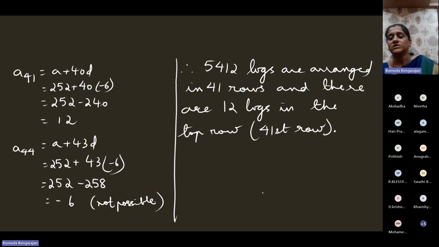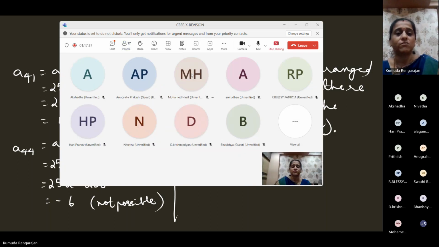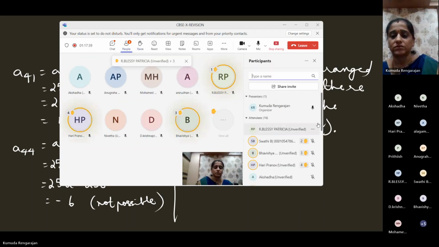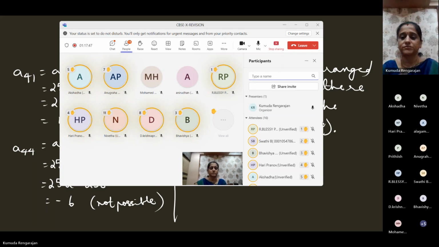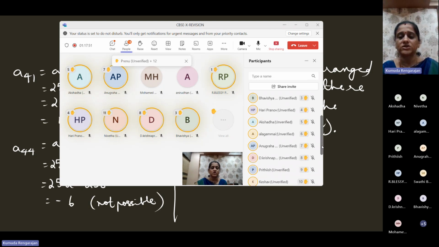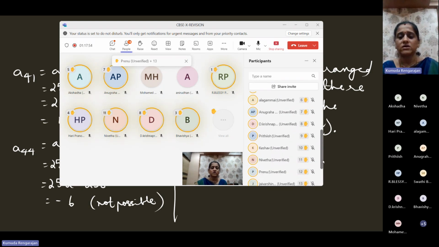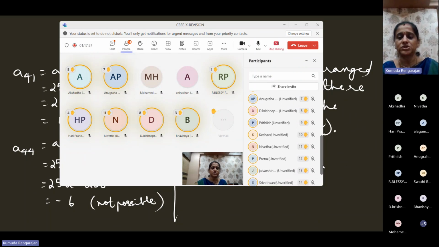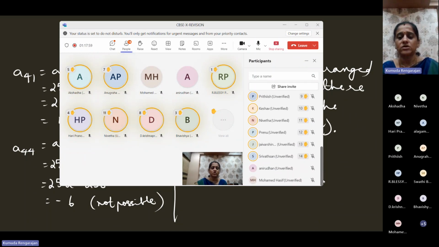Is it clear, children? Use the emoji, raise your hand. Okay, so Blessy, Swati, Bhavashya, Hari Pranav, Akshada, Aragamai, Anugraha, Krishna Priyan, Pritesh, Keshav, Niveda, Prenu, Jayvarshini, Srivatsan, Mohammed, Hasif, Aniruddhan is there, right?